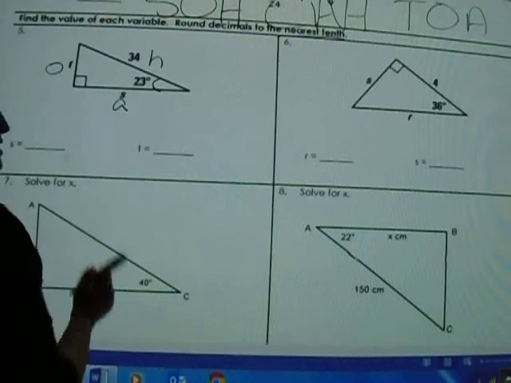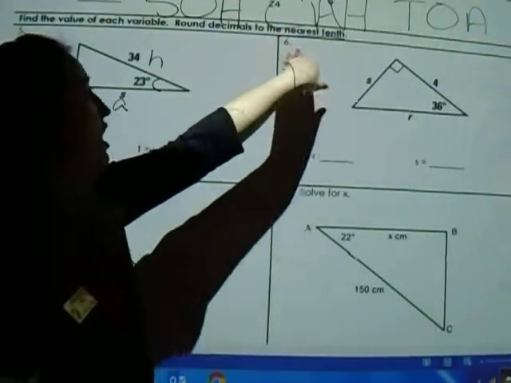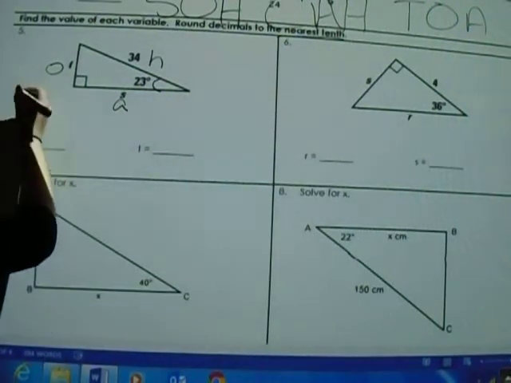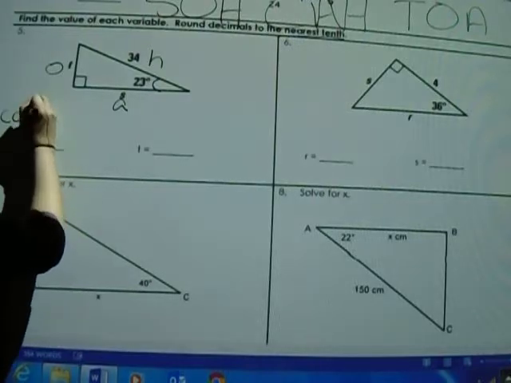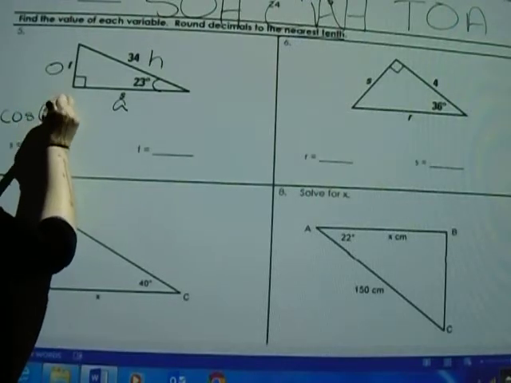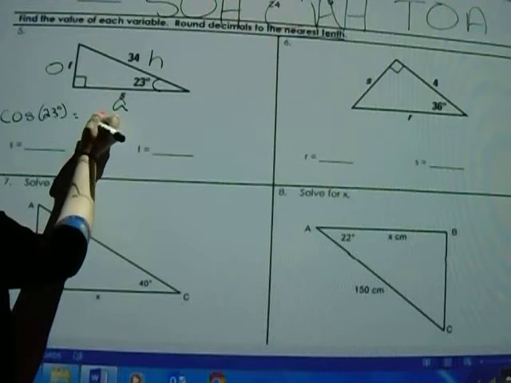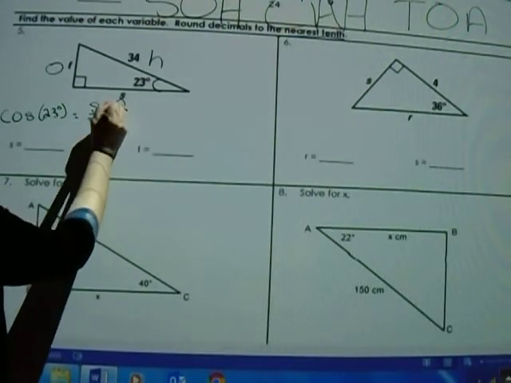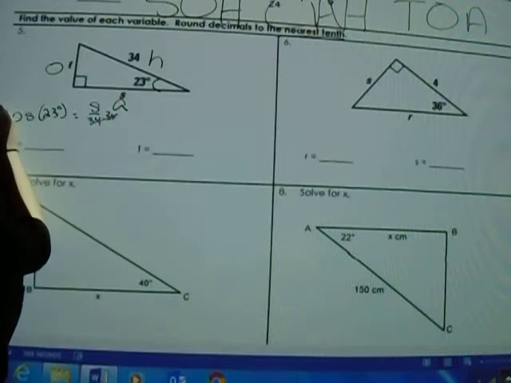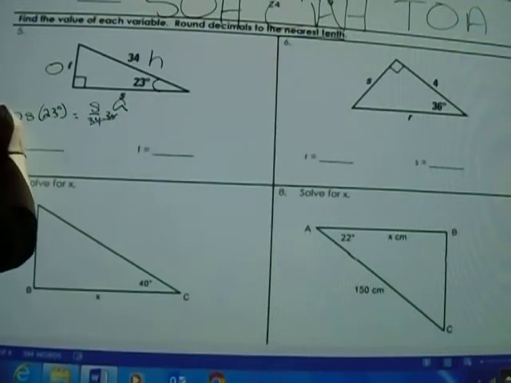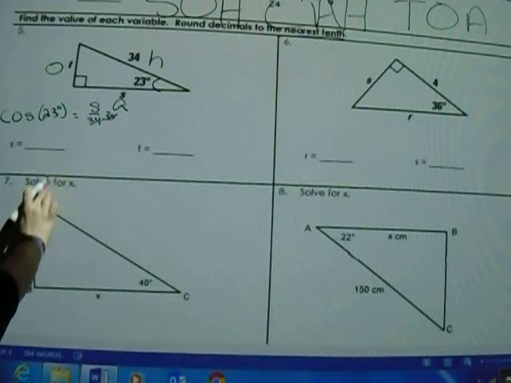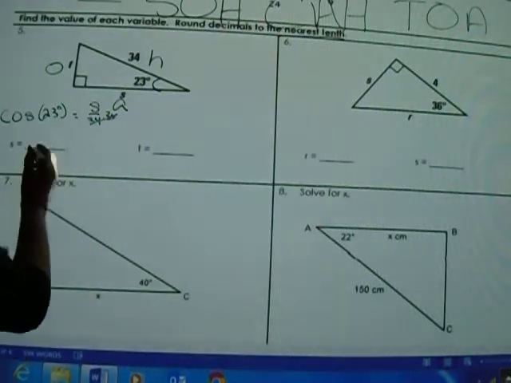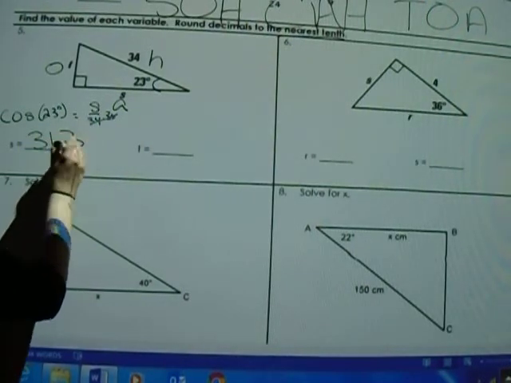So to find s, we're going to use cosine. Okay? So the cosine of 23 degrees equals s over 34. Multiply both sides by 34. Right, so now it's 34 times the cosine of 23 degrees, which, if you put into your calculator, is 31.3.